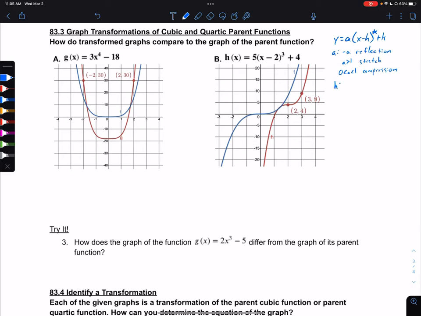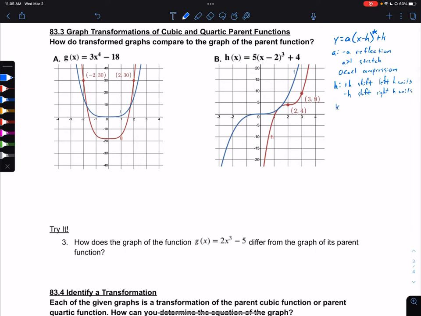All right, my h value is my horizontal movement. But remember that this is backwards. So plus h would be a shift left h units, and if you're subtracting h, that would be a shift right h units.